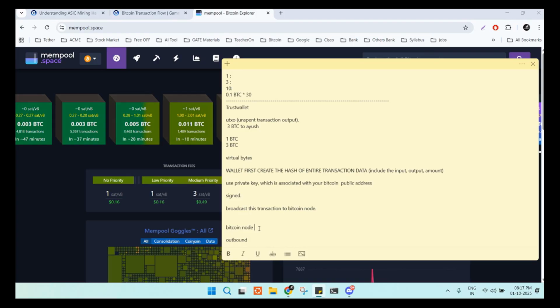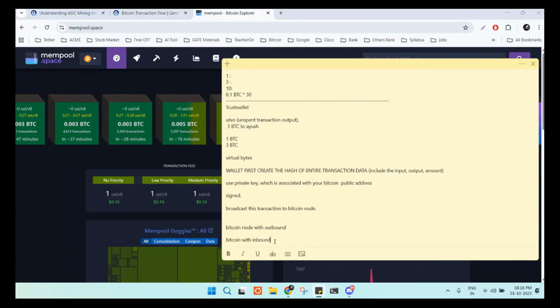So I will write Bitcoin node with outbound, or Bitcoin node with inbound. In this case, the Bitcoin node is outbound or inbound. Inbound will only get the data.